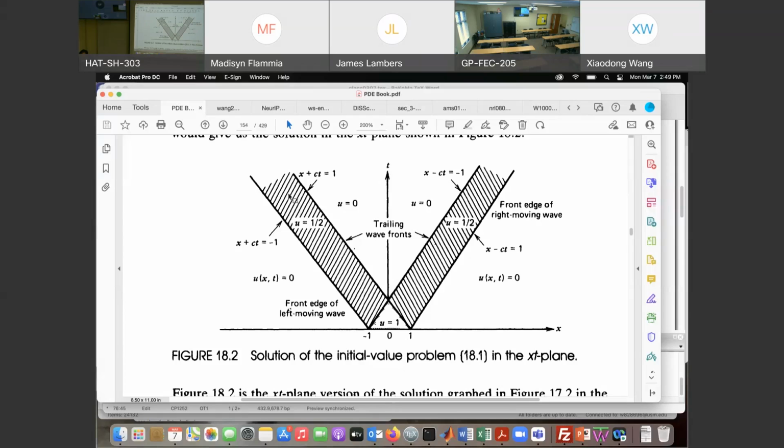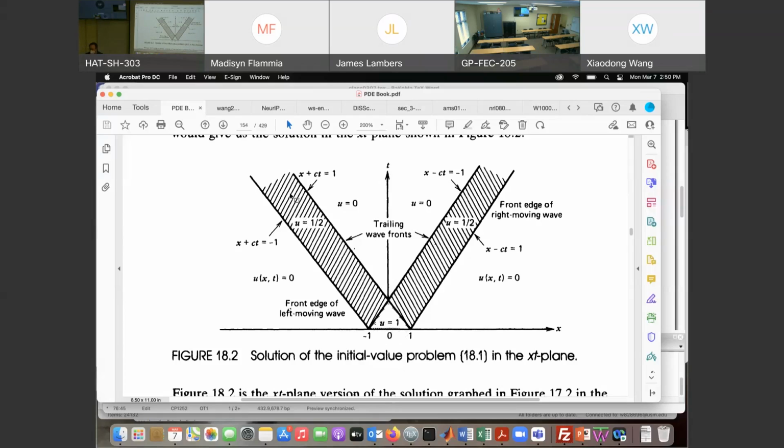So for my point xt right here, as an example, I'm going to follow this line down to the x-axis. And because it lands between -1 and 1, I have 1/2 the value of the initial data at whatever point I land at.